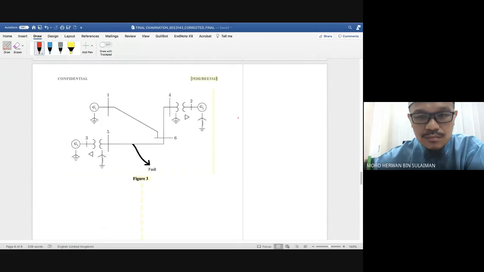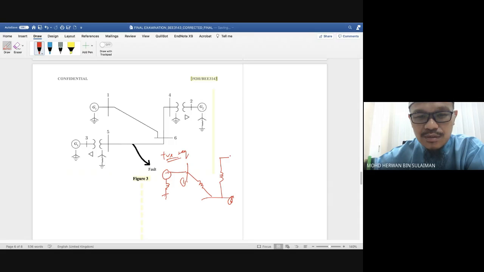You can sketch for positive sequence, generator, bus 1, and then you have transmission line here. This one is bus 6, bus 1, bus 6. This one transmission line.